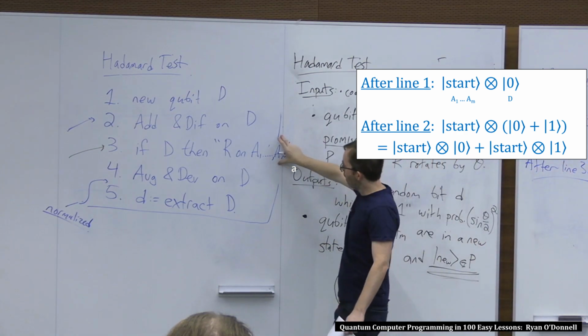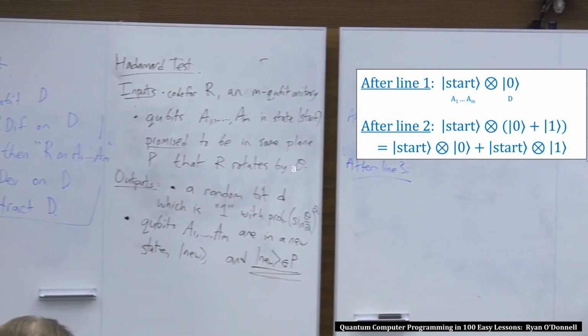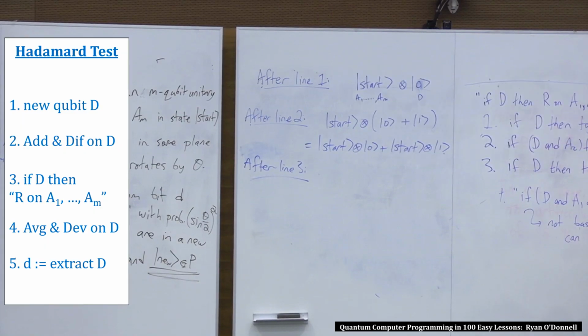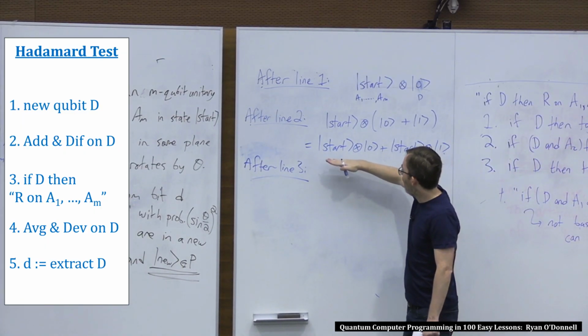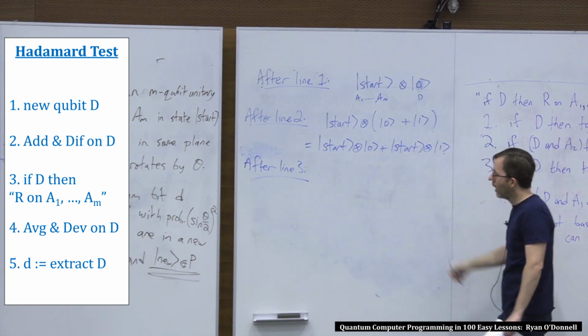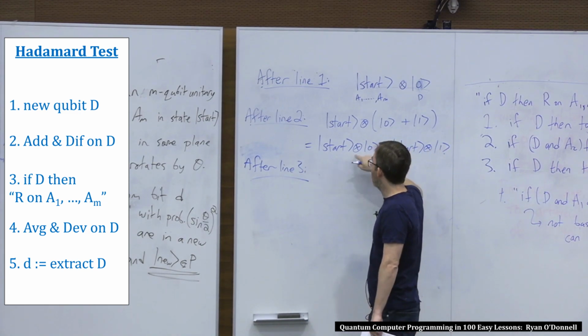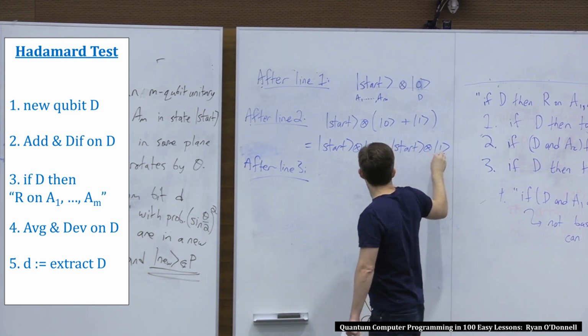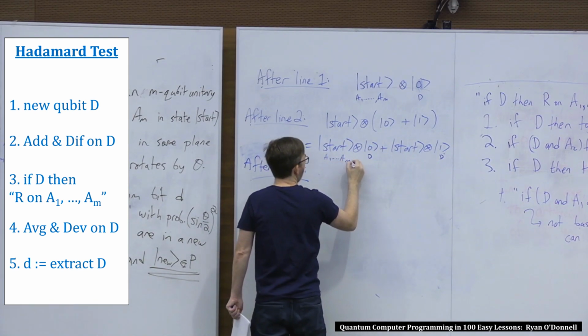All this stuff together is one giant qubit manipulation operation operating on n plus 1 qubits. And we know those are linear, which means that you can just apply the operation separately to each of these pieces. So we can just say to ourselves, all right, in the stuff where this is the D part, this is the A1 through AM part.